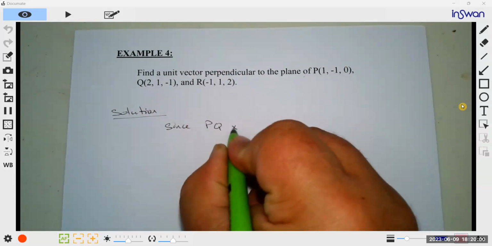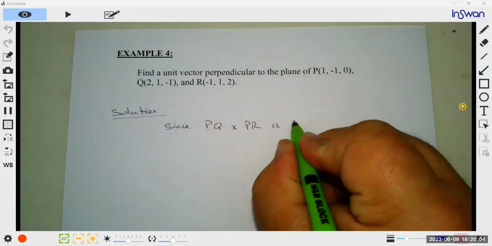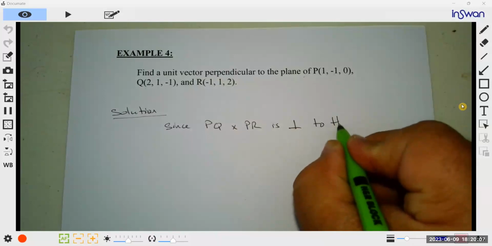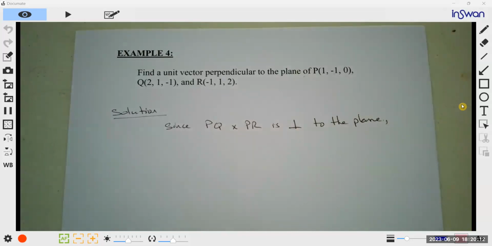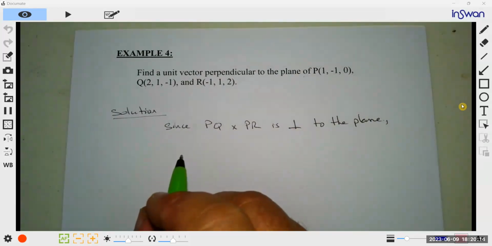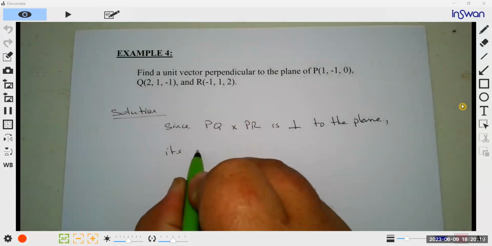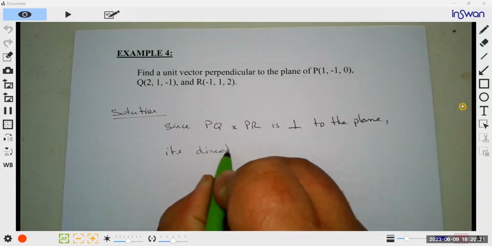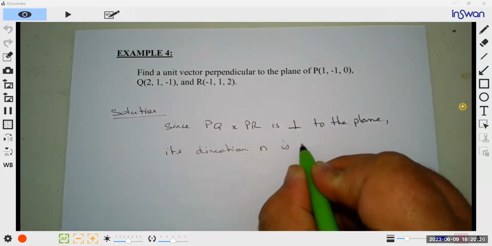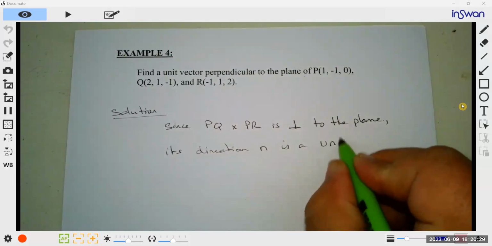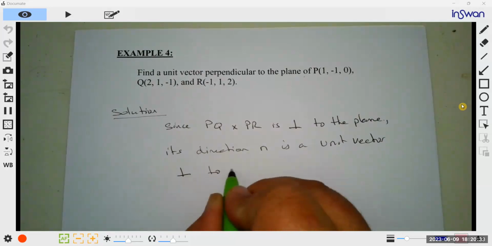Since PQ cross PR, like we just figured out, is perpendicular to the plane, its direction n is a unit vector perpendicular to the plane.